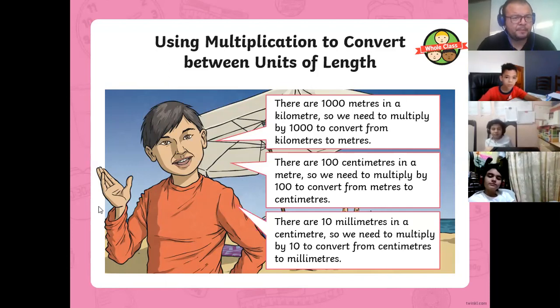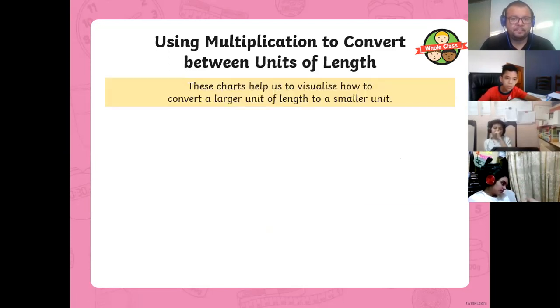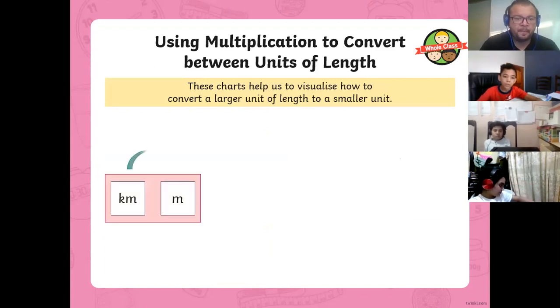Since we started to talk about the measurement units, we saw this. We know that, actually. This chart helps us to visualize how to convert a larger unit of length to a smaller unit.